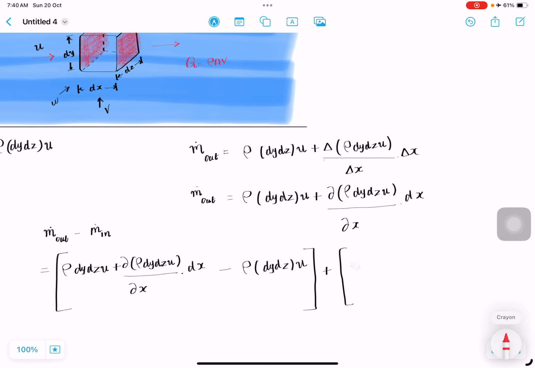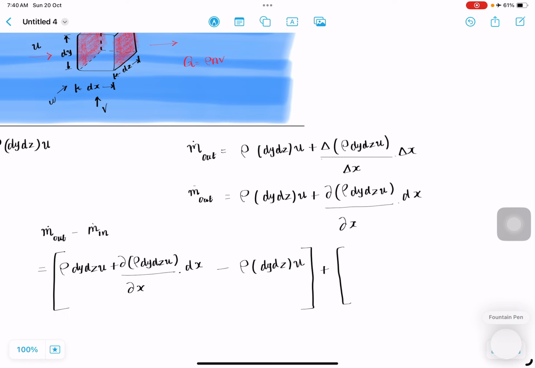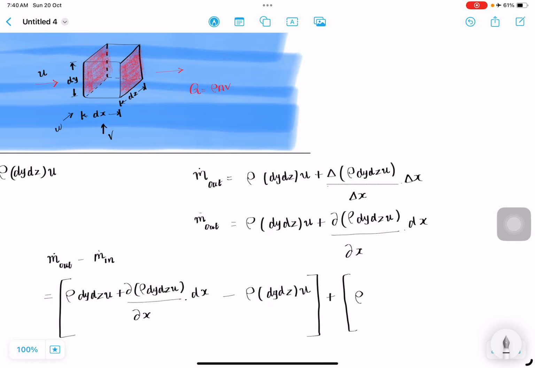That is going to be the gain, plus I'm going to say it's going to be rho into, instead of dy dz, it will be dx dz, right? It is coming in along the y direction, so it's going to be dx dz.